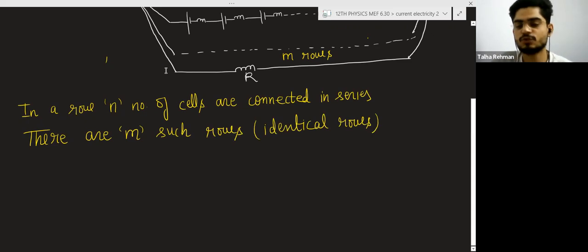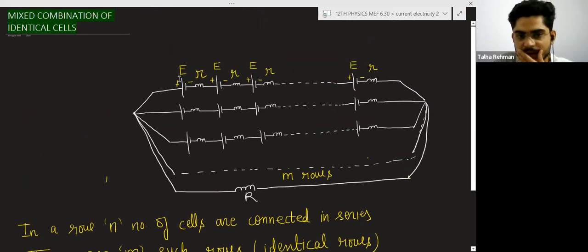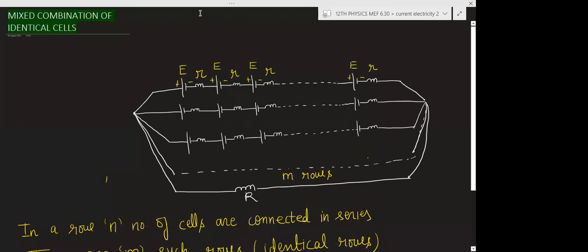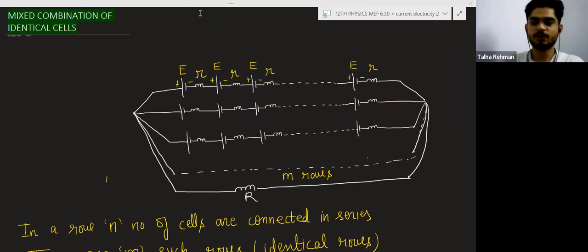Small m such rows we have. And when you calculate the equivalent EMF of this row, I am modifying the circuit here.